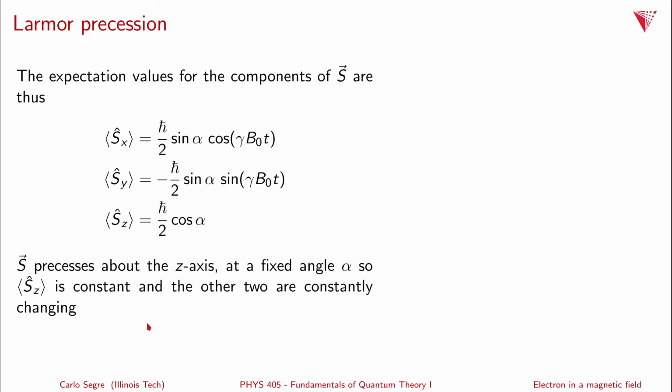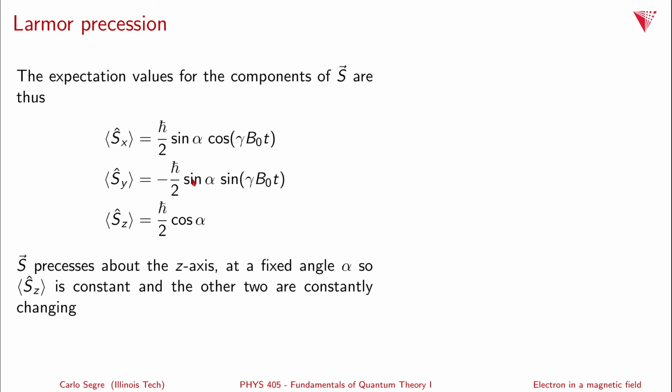So the time dependence is only in sx and sy. S sub z is constant, right? Whatever alpha is, this is going to be a constant value. So you can imagine that this means that the dipole moment projected onto the z-axis is always fixed, h bar over 2 times cosine alpha.